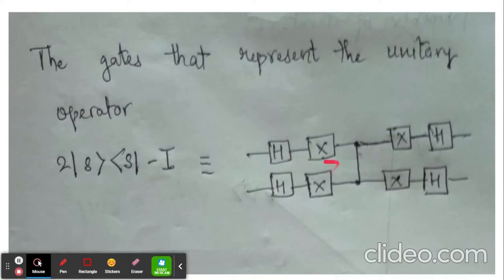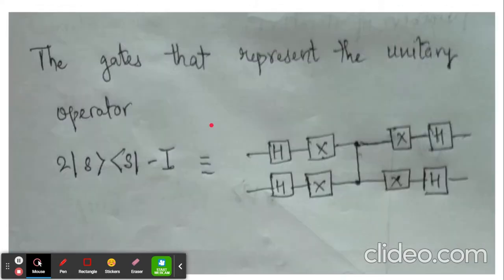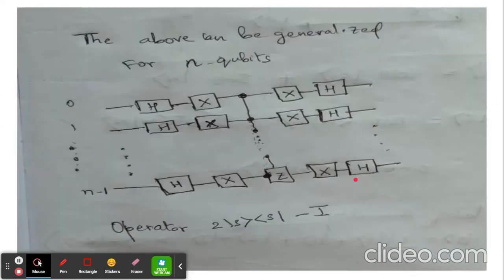For n equal to 2, this set of gates performs the job of this operator. This can be generalized very well in this form, where first you apply all Hadamard gates, just like this one, and then all X gates. Then there is one controlled-Z gate, and then all X gates, then Hadamard gates.